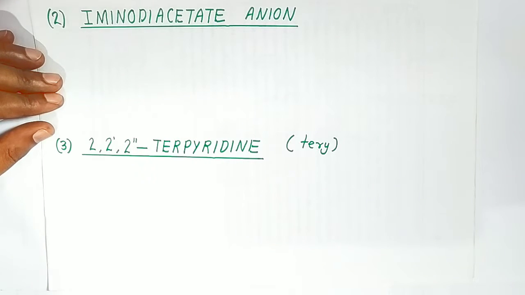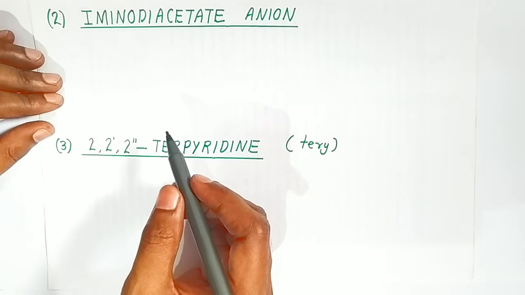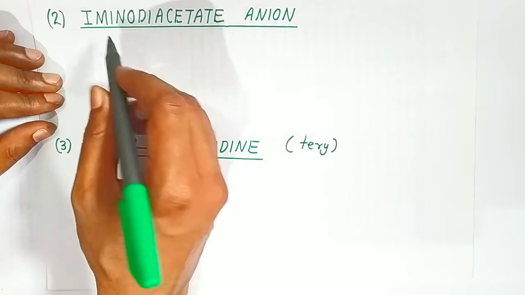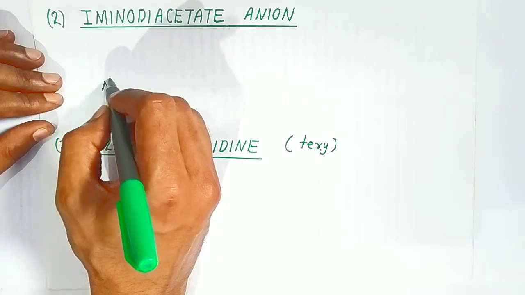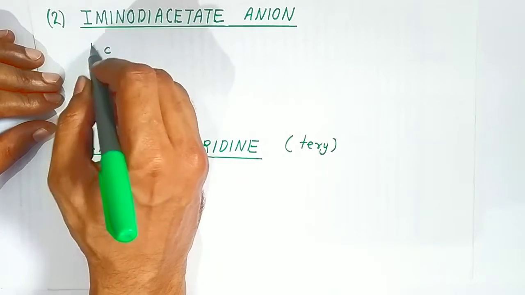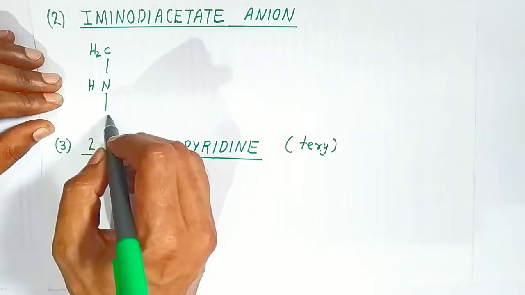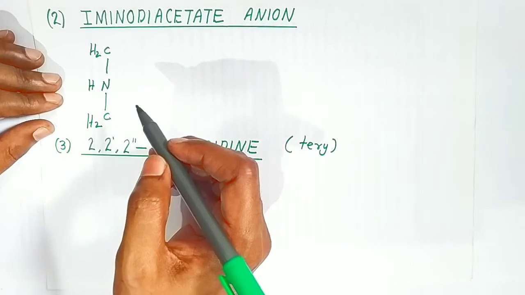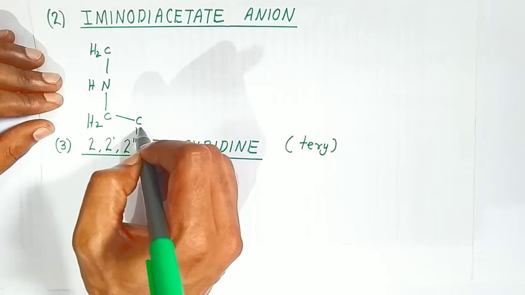Iminodiacetate. So what happens here, students? Imino means an amine will be there, nitrogen, which is attached to the CH2. Now this is attached to the carbonyl.